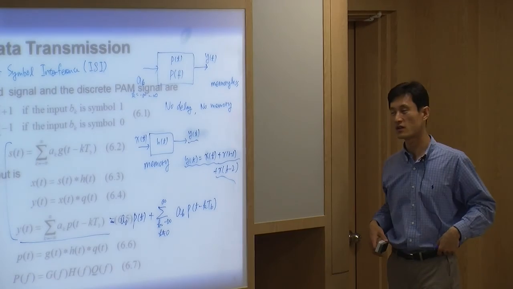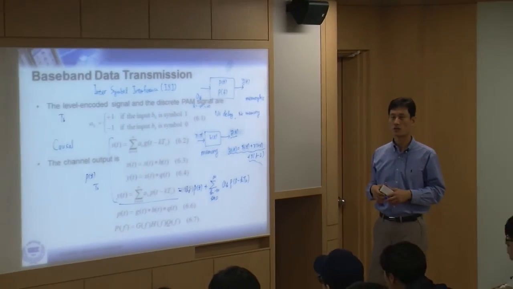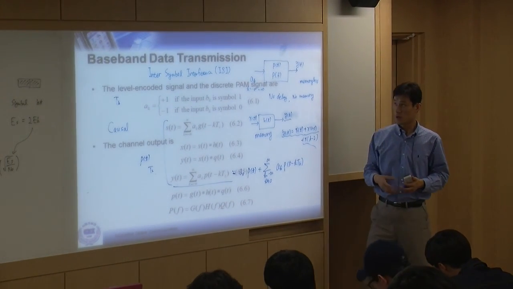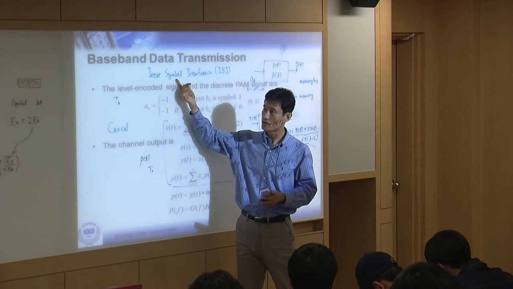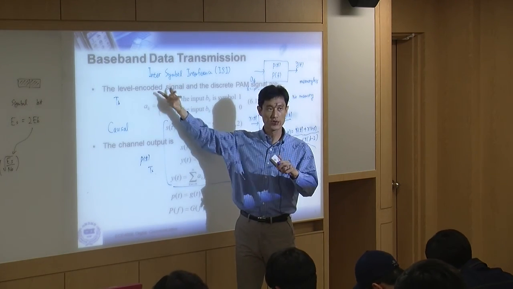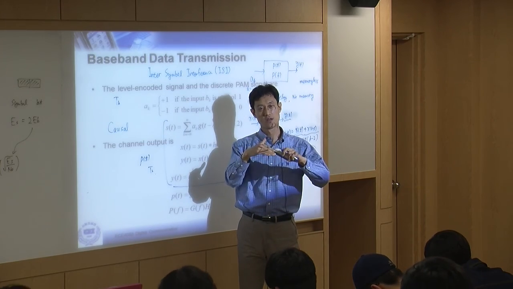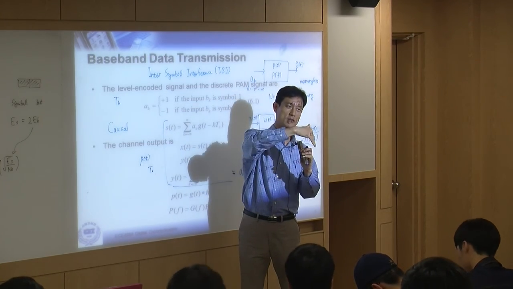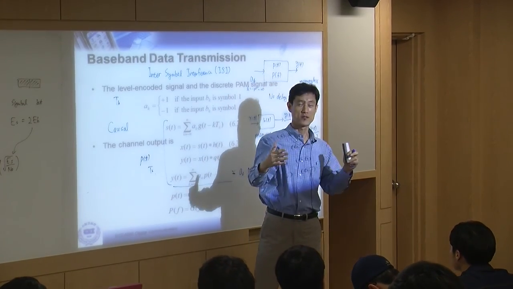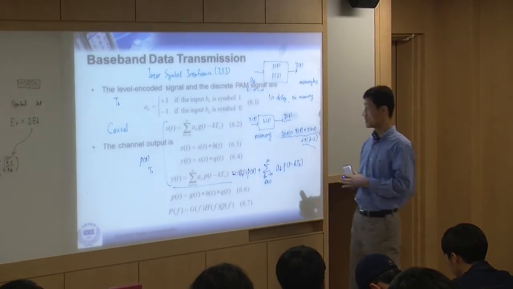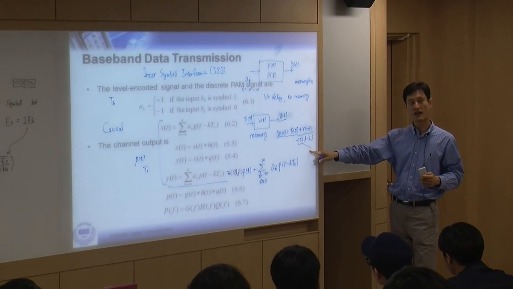Very important, very common word in communication. And what does it mean? Inter means between, right? Between symbols, you have interference. One symbol is interfering with the next symbol. That's intersymbol interference. This is exactly the case of ISI.